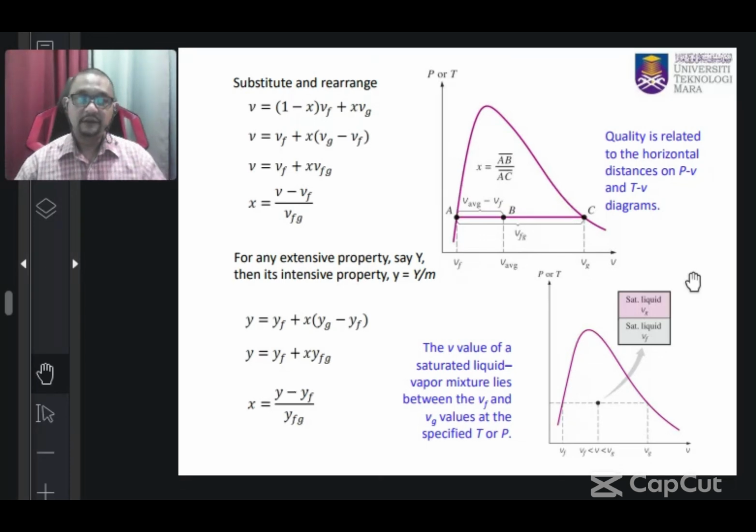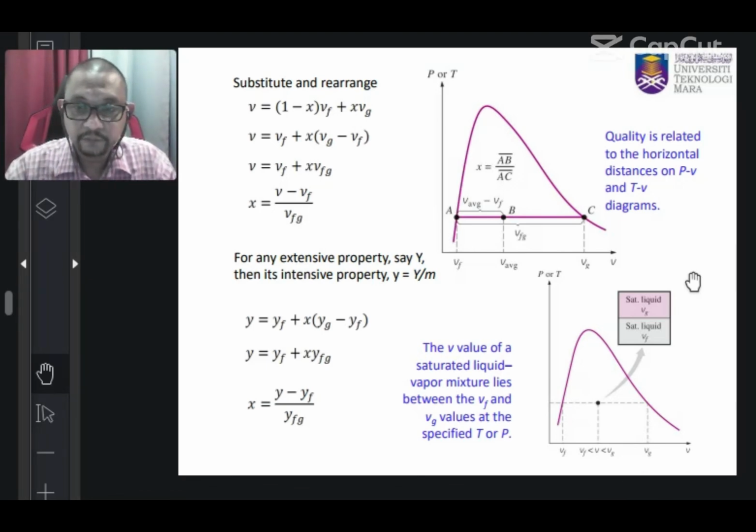Okay, so I think that's it for today. So we have completed Chapter 5, refrigeration cycles. The objectives have been introduced.